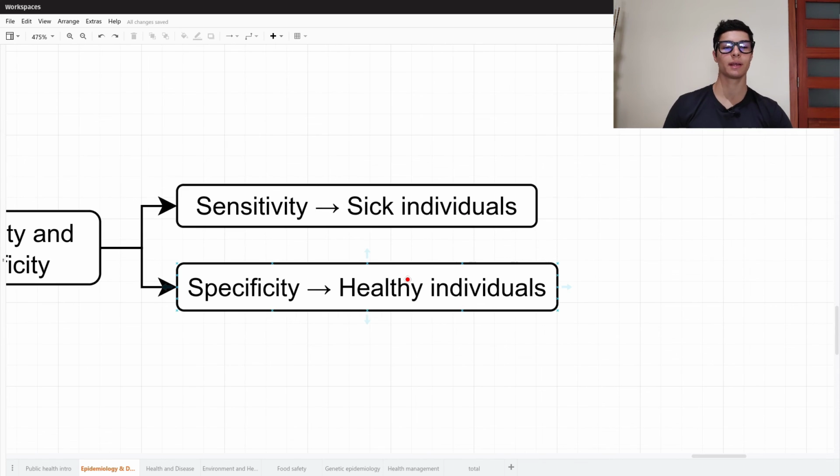Imagine we are looking at a very specific type of virus, so the sensitivity would be whether it can detect that variant of the virus or not, whereas the specificity would be whether it can detect only that and not something that is similar to that virus. This is the difference between these two.